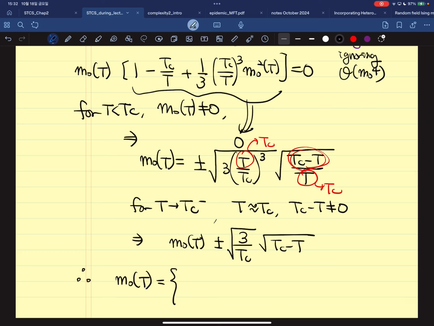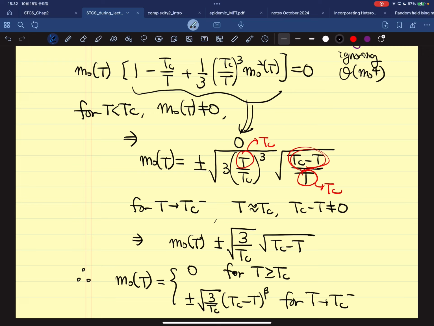magnetization is 0 for T larger than or equal to Tc. But for T approaching Tc from below, intentionally I put the exponent beta here, we have this power law dependency with the exponent beta equal to 1/2 because it's a square root.